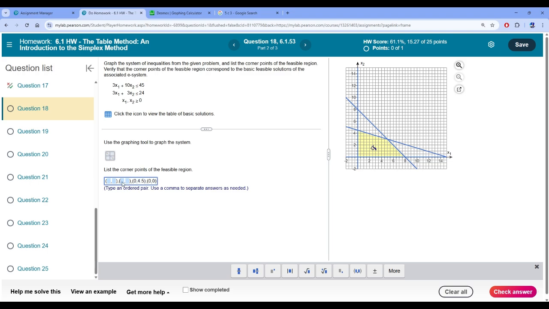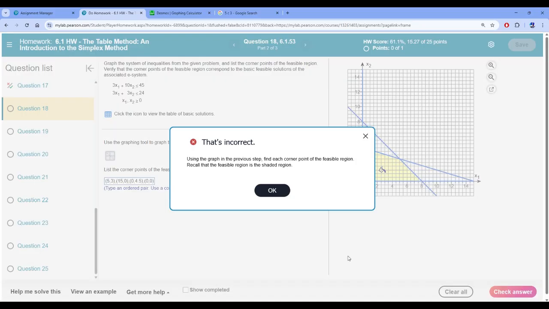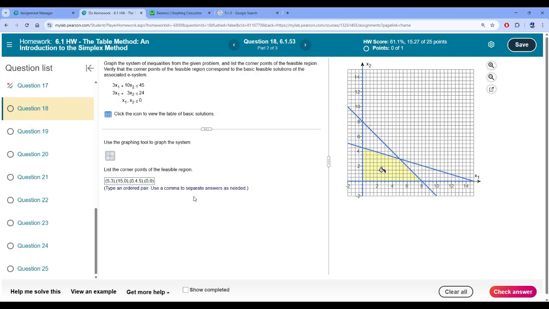And then I have, what is that? That's going to be (15, 0). And last but not least is this little intersection point. What is this little intersection point? That's (5, 3). So let's go (5, 3). Check answer. No. Something here is just off.